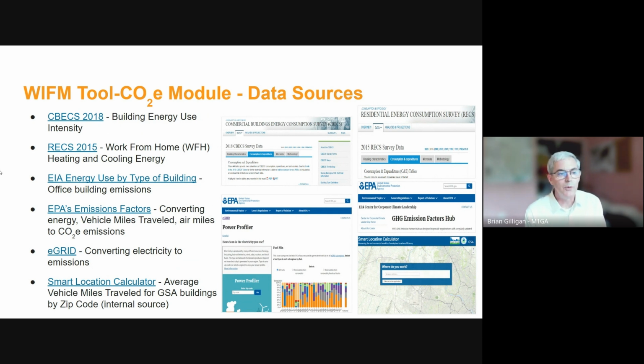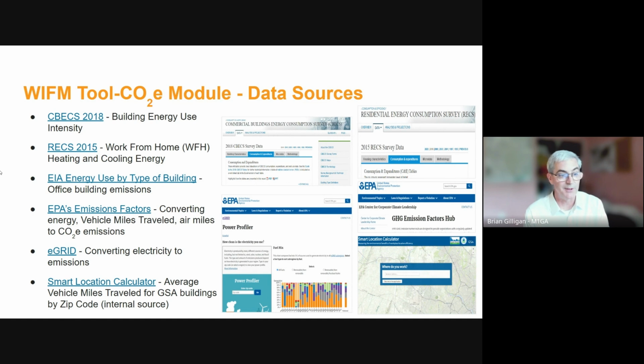For work at home, we draw information from the Residential Energy Consumption Survey. We look at different types of emissions within office buildings using the EIA energy use data. And then we have a novel approach to emissions factors where, if a building is using electricity or natural gas, we have, in different parts of the country, emissions factors for the generation of electricity that comes from the e-grid.